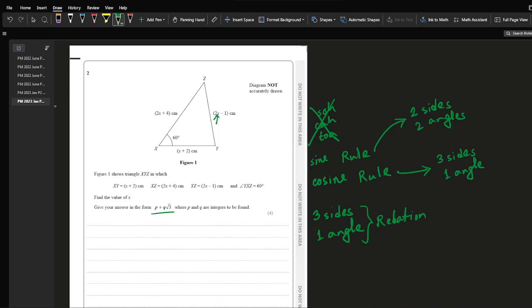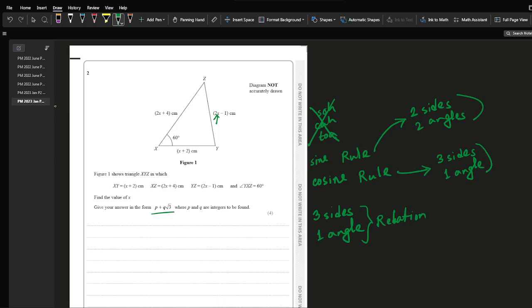Out of these four things, we will have the numeric value of three of them, and we need to find the fourth one. Like for example, three sides are given, find the angle. Two sides and one angle are given, find the third side. Similarly, for the sine rule, two of the sides are given and one of their opposite angles is given, find the opposite angle of the other one.